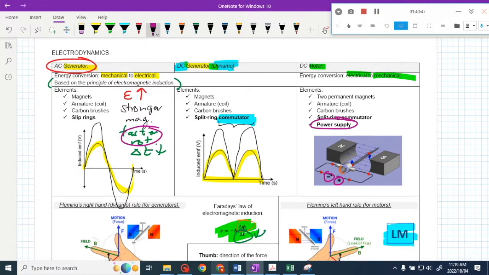So if you rotate faster, two things are going to happen to the graph. Let's say you are rotating at twice the speed, so 2 times faster. This graph is now going to still be high like that, but it's going to be squished like this, you see.